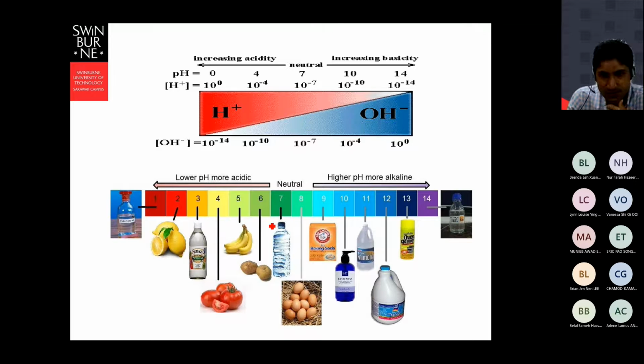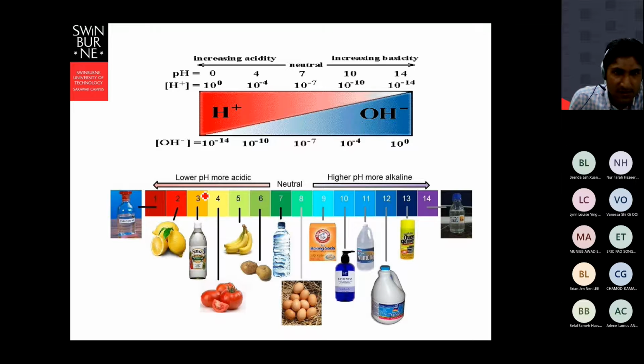And then it gets towards higher pH with baking soda, then hand wash, hand soap, which we use a lot every day, eggs. Some veggies will mostly be alkaline solutions. It depends on what type of product, but it is in between our 0 to 14 scale.